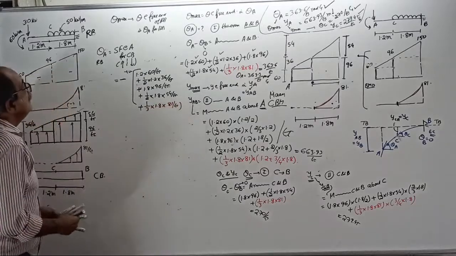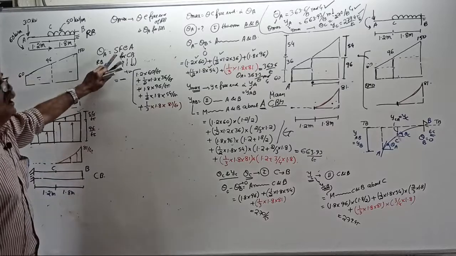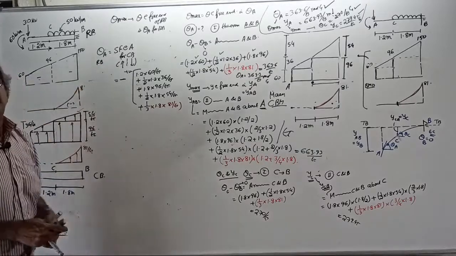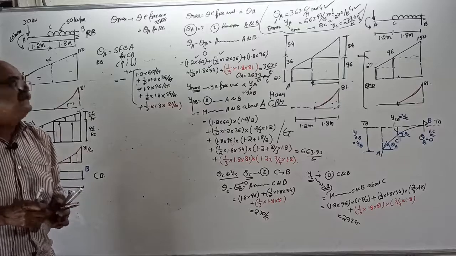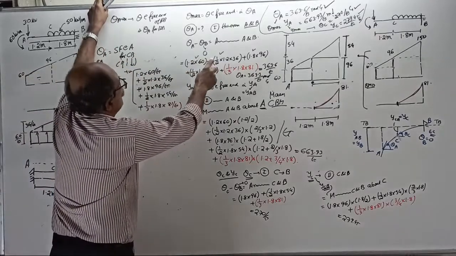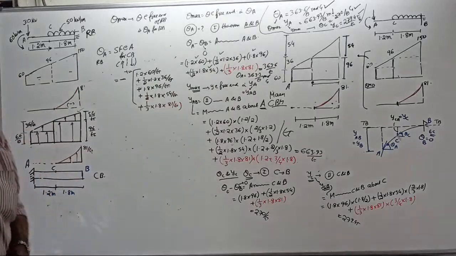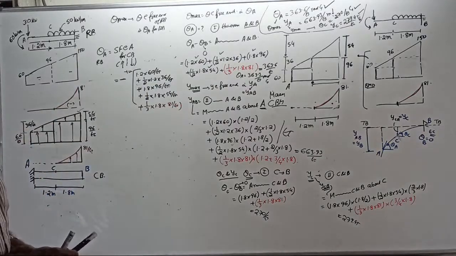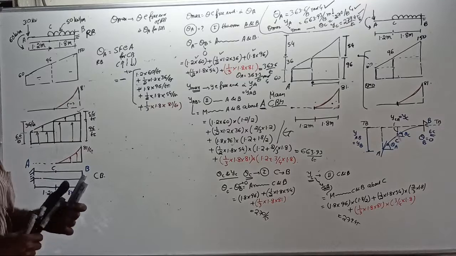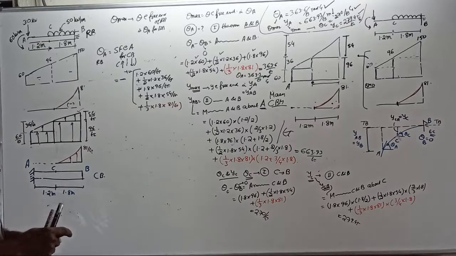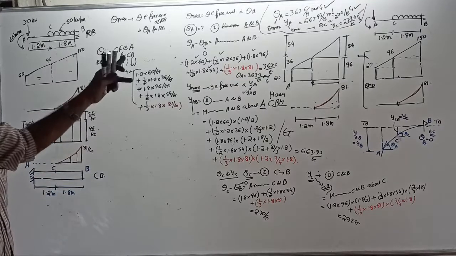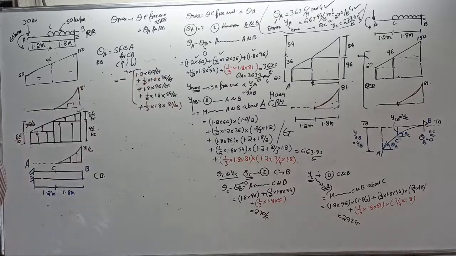Now tell me, is the theta A calculation for conjugate beam exactly the same as the calculation of theta A for the moment-area method? Same.